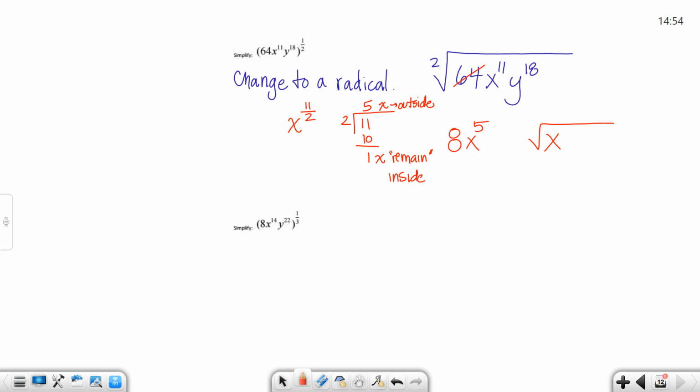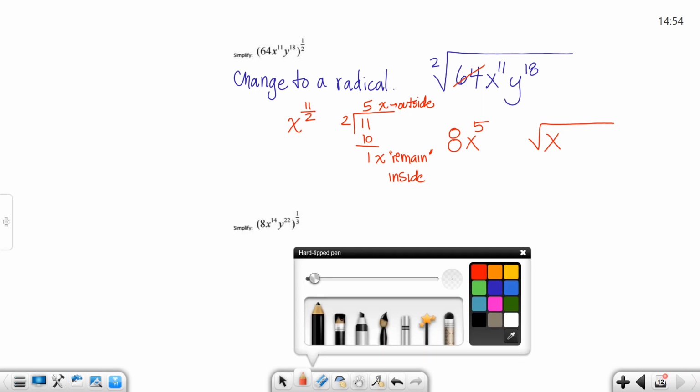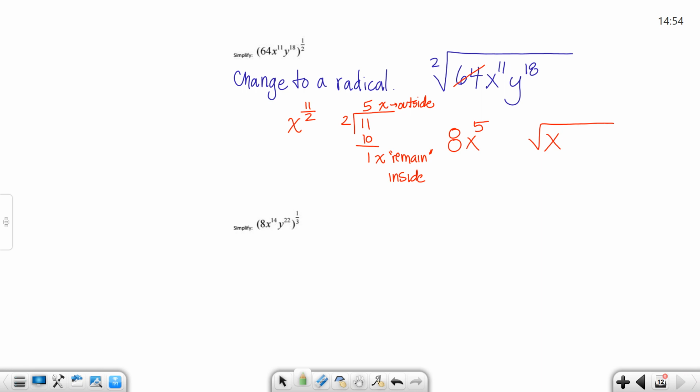It goes 5 times, so that means 5 x's come out and 1 x goes inside. You'll say, well, what about the 18? Well, y to the 18 over 2, 18 over 2 gives me a whole number. That gives me 9. So that means I would have 9 y's outside with no y's left inside. And that's how that one would look.